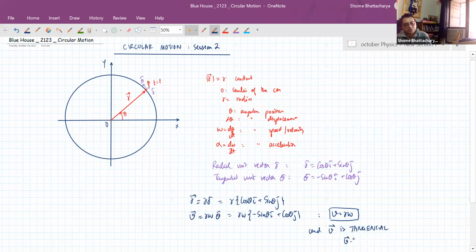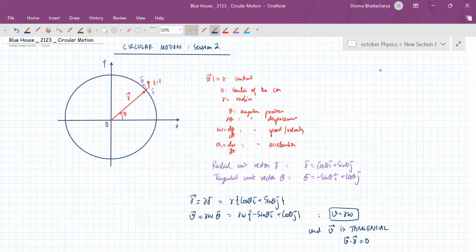So velocity is always perpendicular to the instantaneous position. So just review this for a moment, then we'll go back to the application of this in questions, including a question from last time.